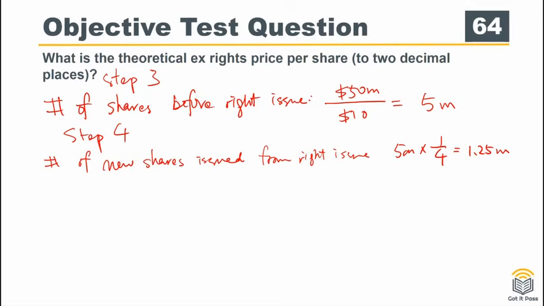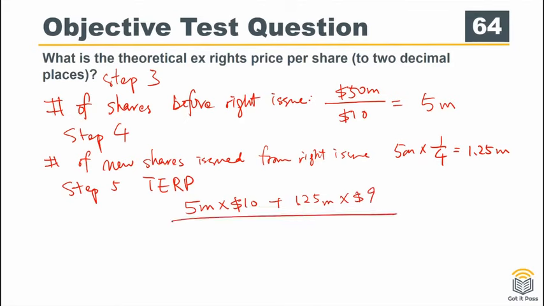So we have all this, then step 5 is to work out the theoretical ex-rights price, which is the price per share. It will be 5 million times $10, which is the current market capitalization, plus the cash received from the rights issue, which will be 1.25 million times the rights issue price of $9, divided by the total number of shares after the rights issue.